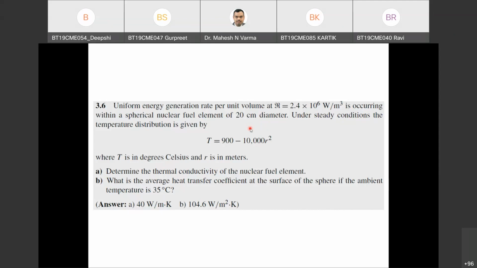Otherwise, this problem has nothing to do with heat transfer, mass transfer, or momentum transfer. So if you remember that this r is in meter, given r is in centimeter, how to get the volume of sphere, how to get the surface area of sphere, there is no chance that you will get wrong answer. Everybody got this answer? Anybody not getting this answer still?